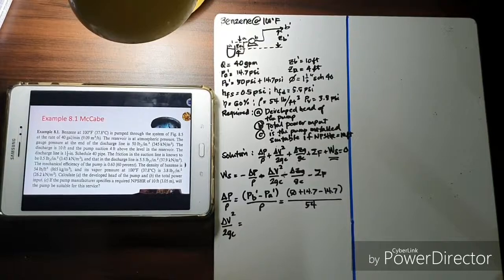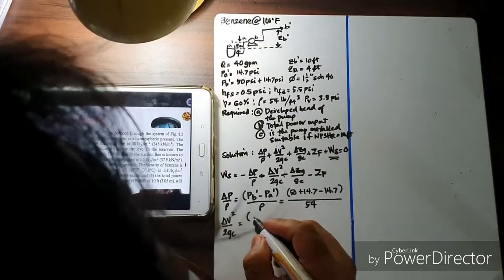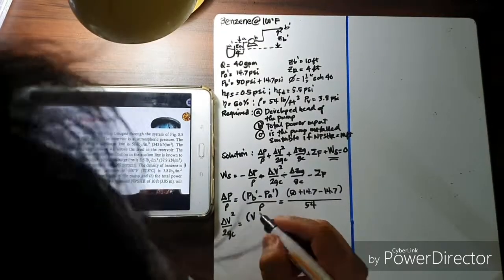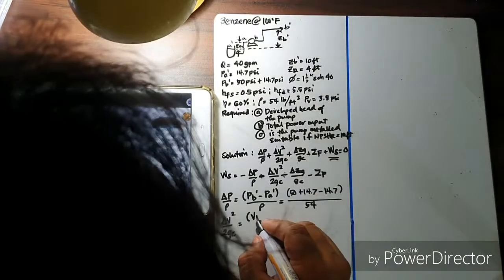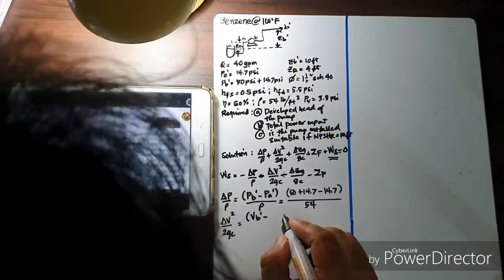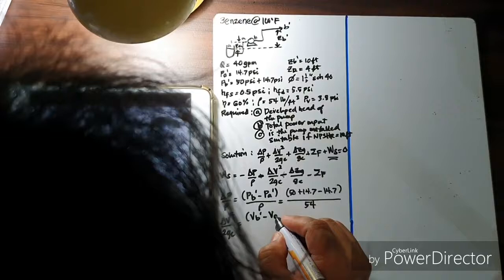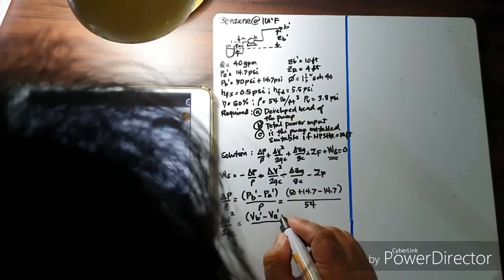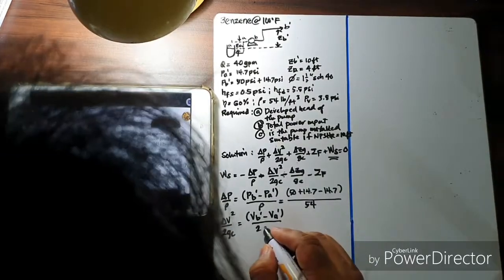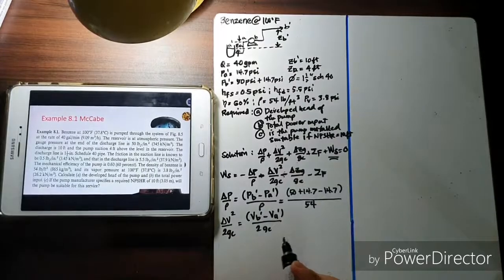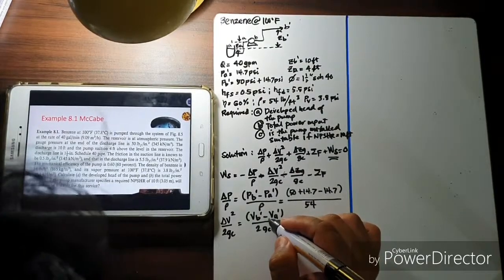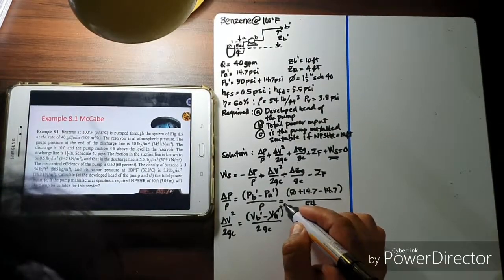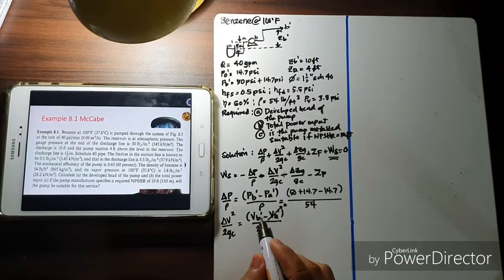Okay, this is then equivalent to v B prime minus v A prime divided by 2gc. And as you can see, this comes from a reservoir, so v A prime will become 0. So only v B prime is left.